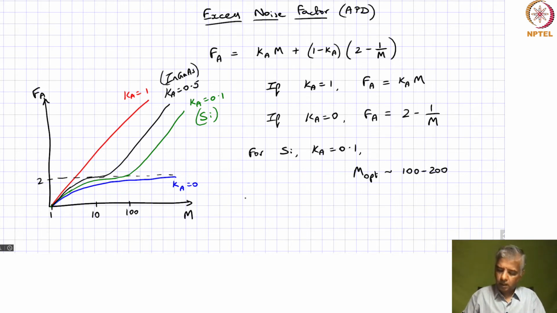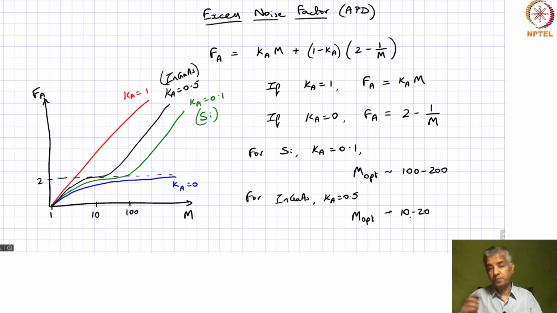Okay. In contrast, for indium gallium arsenide, Ka equal to 0.5, we are tracking this curve over here, and what that tells you is that the M opt is going to be more in the order of 10 to 20. Okay. So with indium gallium arsenide, you're not going to be able to use an APD with much higher values than these.